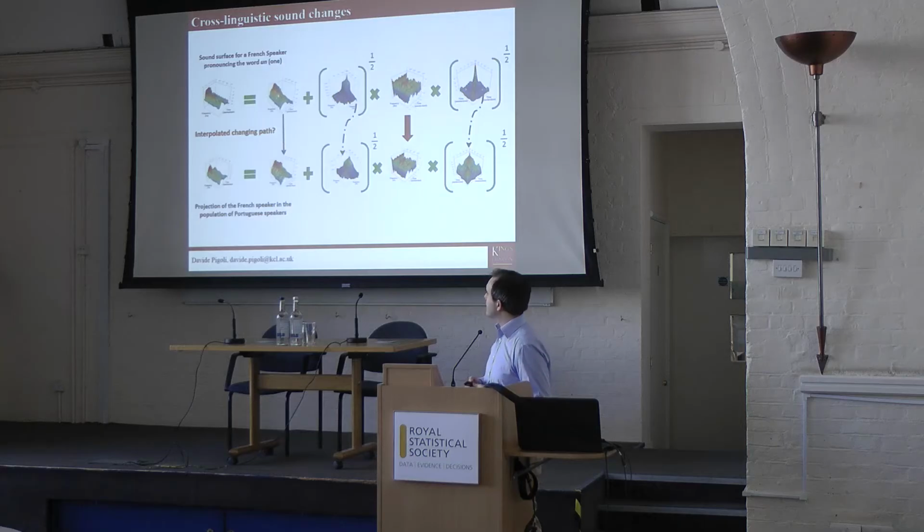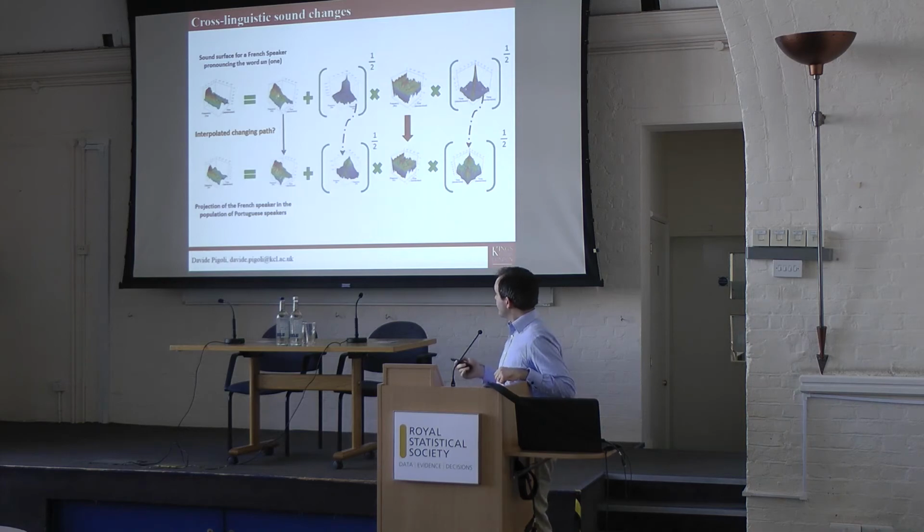Okay, so finally we get to the more interesting part, so how we want to use this. I described the datasets, how we process them, what modeling assumptions we are making and how we check that. But what do we actually want to do with that? What we want to do is model the language change, and this is possible using the decomposition that we have built.